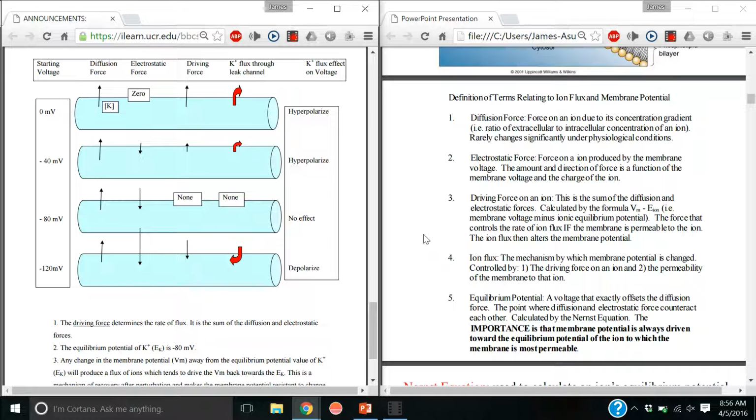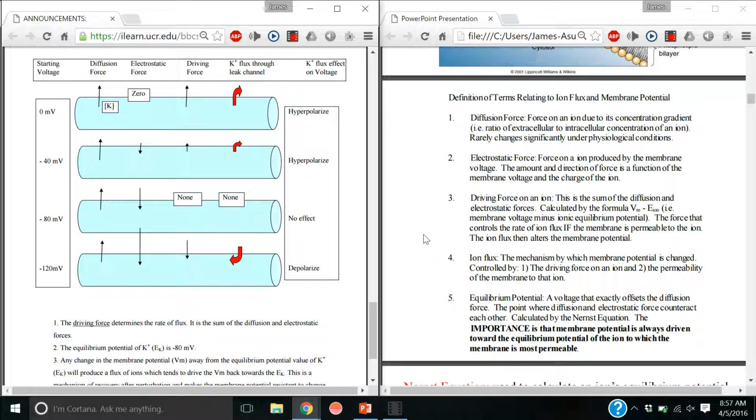So the diffusional force is effectively unchanged, driving potassium outward. But here you have an electrostatic force, negative voltage, attracting the positively charged ion inward, partly offsetting the diffusional force. You have two different forces acting against each other, and so the driving force on potassium is less than it was at 0 millivolts.